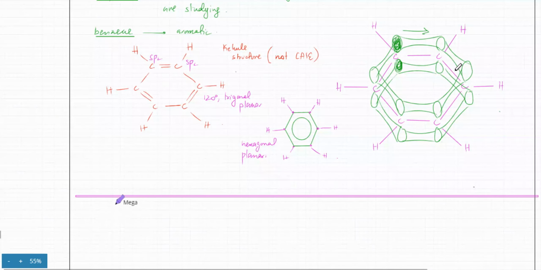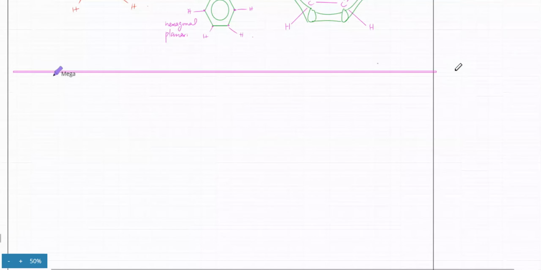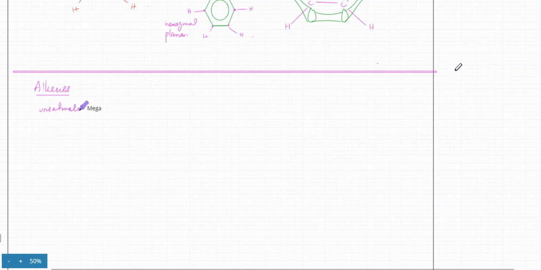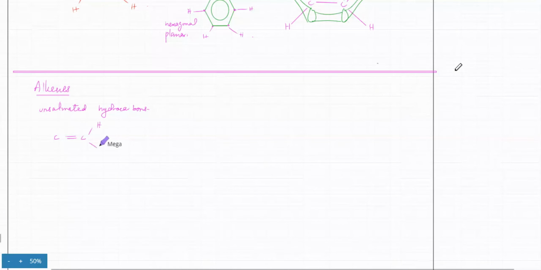Quickly, alkenes. So alkenes are hydrocarbons, but they are unsaturated hydrocarbons. So you have a carbon and carbon, it's going to be sp2 hybridized, and there's going to be a double bond.